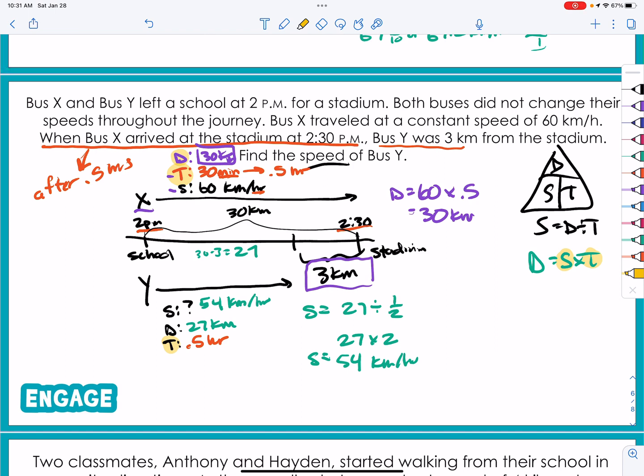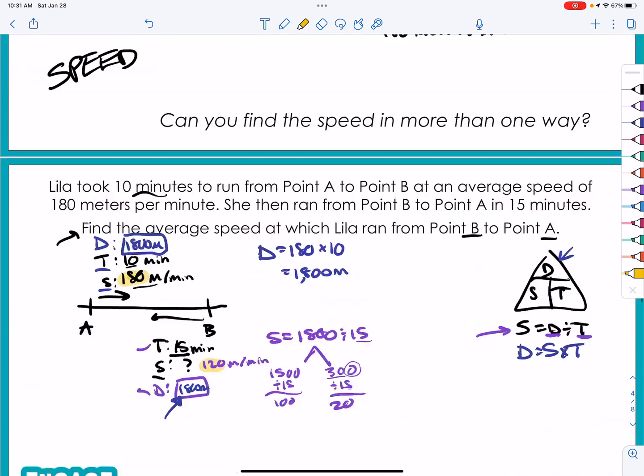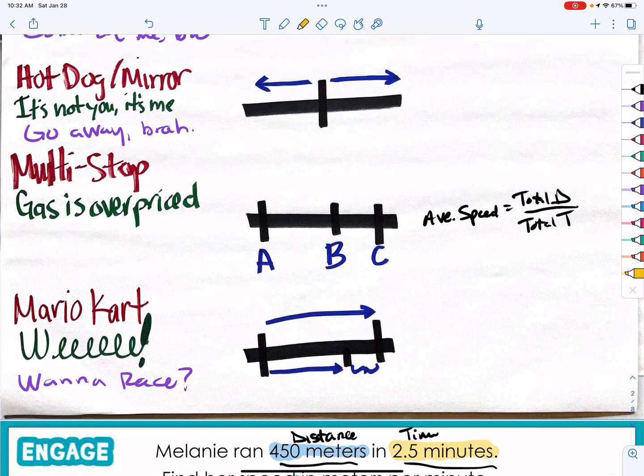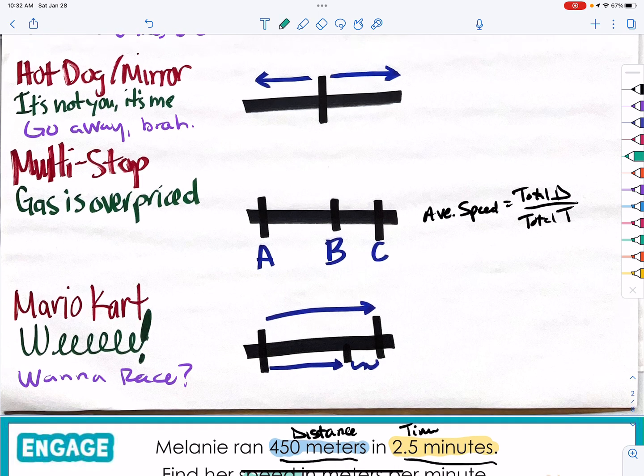All right, so let's quick scroll back up here to our problem types. This one seems like a Mario Kart, a Wii, or a Wanna race, because those ones start at the same point. Their goal destination is the end. Usually this piece right here is the crucial piece.